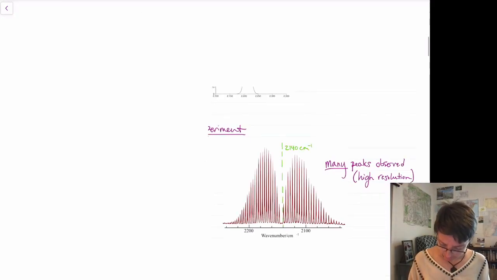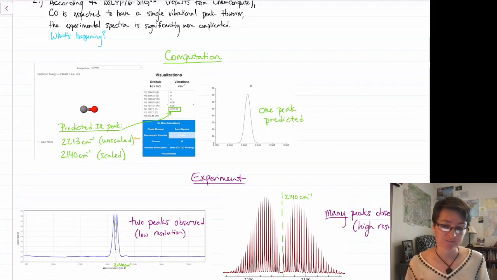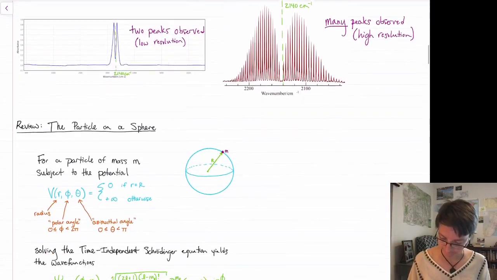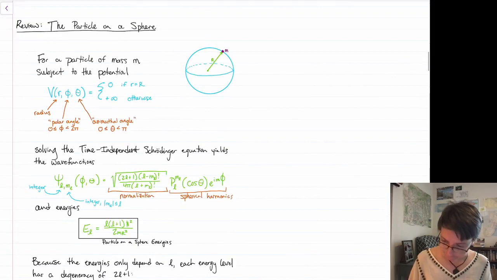And this should be surprising to us. And a question that we might ask is, what's happening in this case? The answer is going to be connected to rotational spectroscopy, which is why this sort of multiple peak situation in our IR spectrum is also going to be a subject for today's lecture. All right, and with that, let's go ahead and get started.